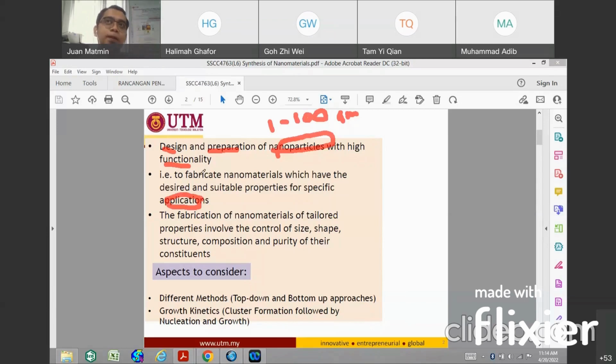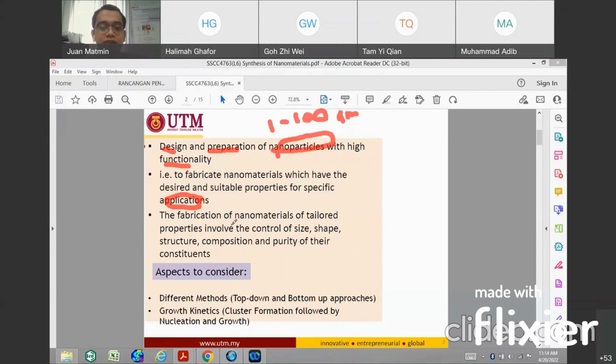Meaning that although the size is very small and fine, there are certain functionalities that we want from this material so that we can functionalize or fabricate it into certain properties. So the material is already small, but there are always ways to improve their properties.